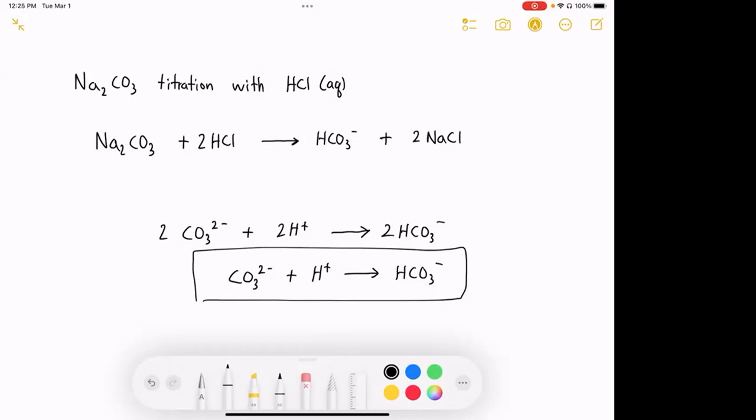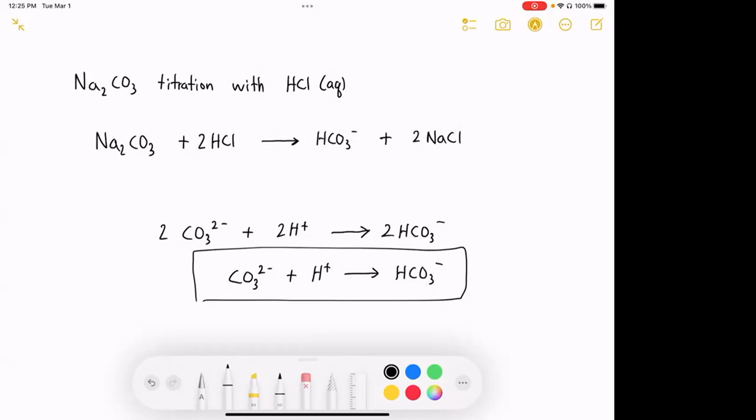I think the reason why we can't write it like this is because it'll further react to go to H2CO3.